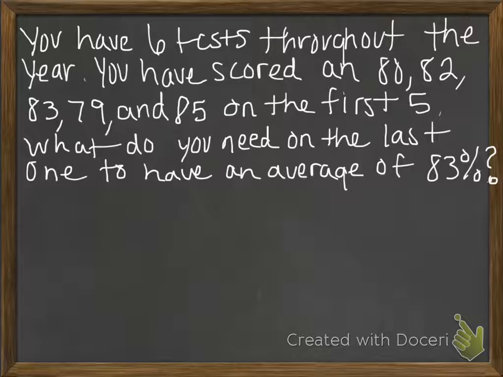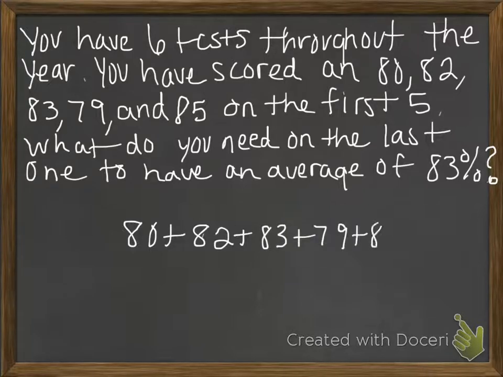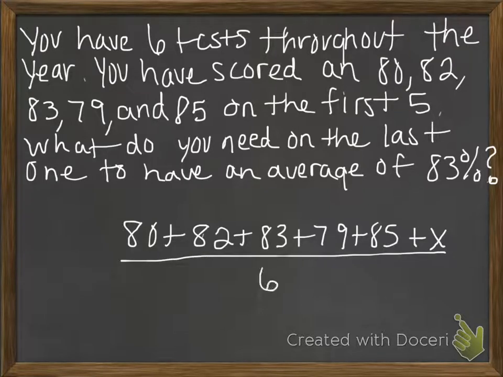So we're going to add up the ones that we know, 80 plus 82 plus 83 plus 79 plus 85. And then we also have to add the one that we don't know, the one that is our final test. Well, remember, when we don't know something, we use a variable, so plus x. And then we're going to divide that by the total number of tests that there are, which is 6, and that's going to equal our average of 83.